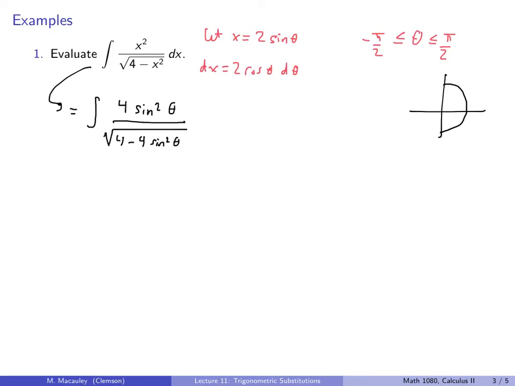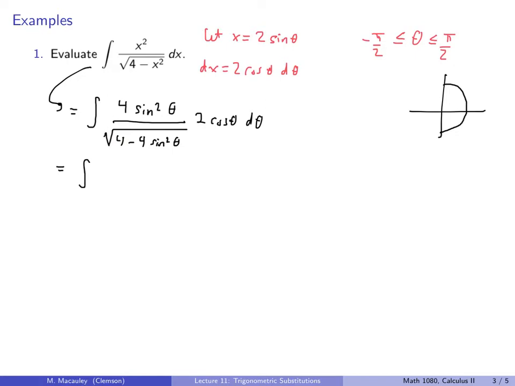And then my dx is 2 cosine of theta d theta. Okay, so a few things here are going to simplify. Well, this 2 is going to cancel, so we can pull the square root of 4 outside. That's going to cancel with this 2. Well, it's not much of a simplification, but let's just write that.